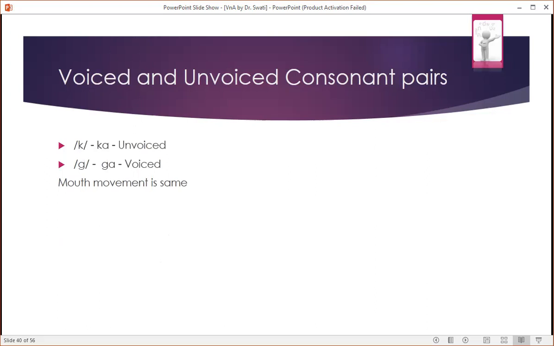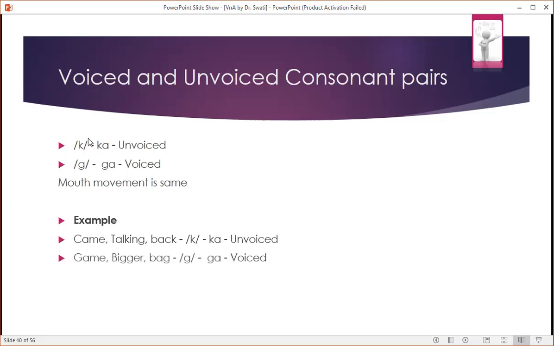Let's see more. So we have another pair, that is k and g. Let's see the examples. The examples for the k sound are came, talking, back.